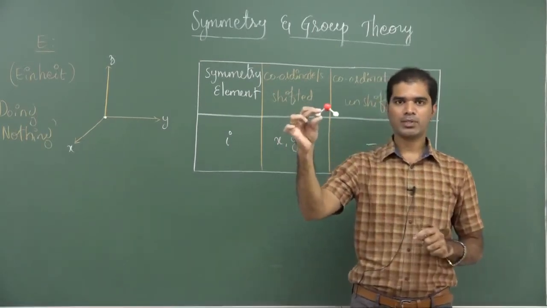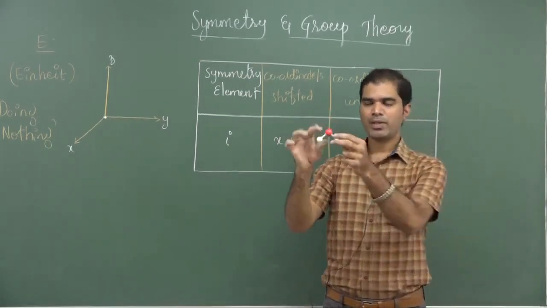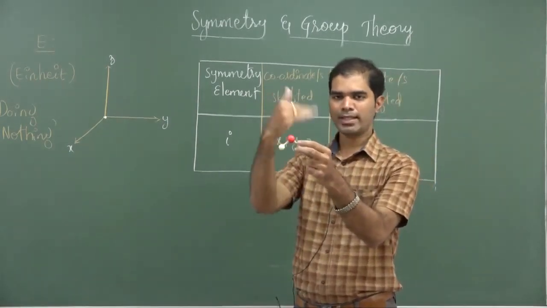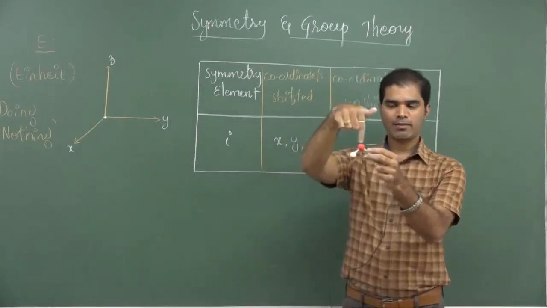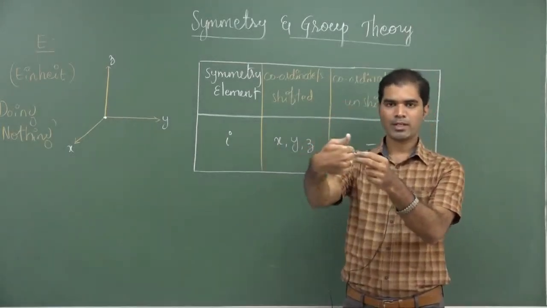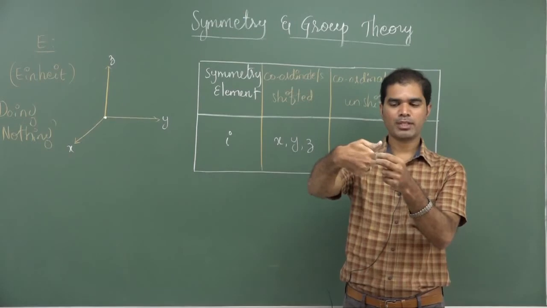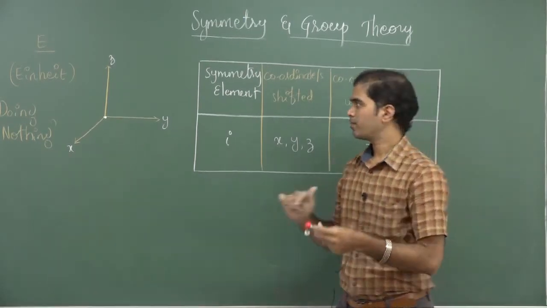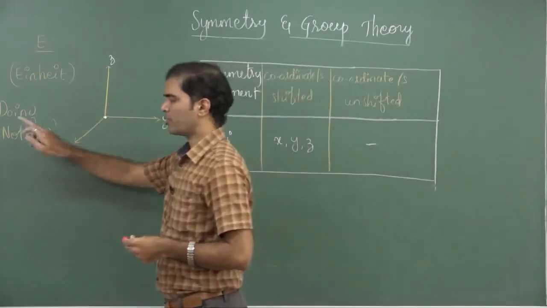Still it will retain its own identity. Once you are doing nothing, it has its own identity. All the coordinates also stay intact. They do not exchange with their opposite phases. Z will remain, Y will remain, and X will remain in its position. Got it? So it is called a doing nothing operation.